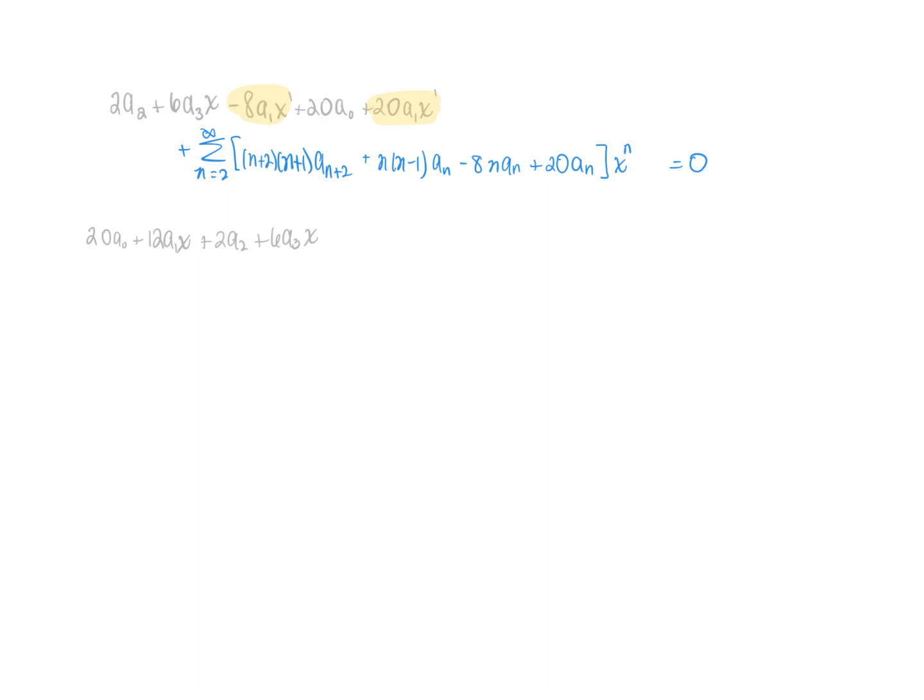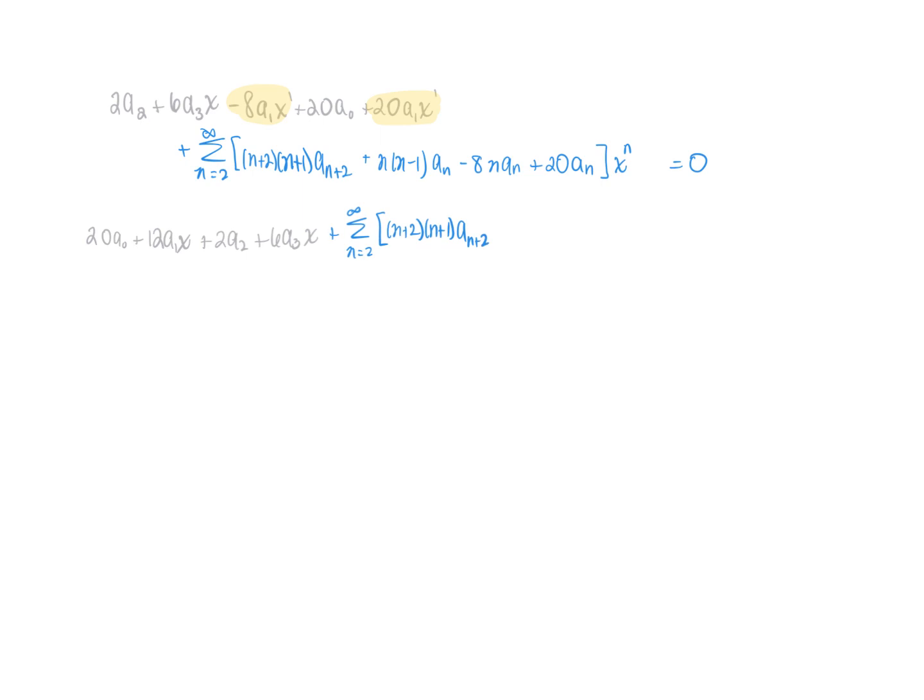So let's see if we can simplify that big sum. So we'll say this is plus the sum from n equals 2 to infinity. And let's look at this. We've got 3 separate places we have a sub n, but not a sub n plus 2. So we're going to leave this as n plus 2 and n plus 1, a sub n plus 2.